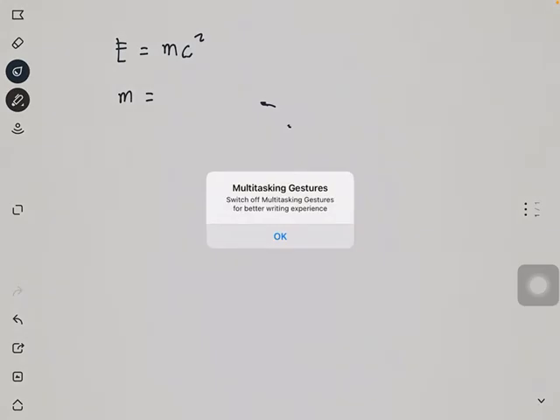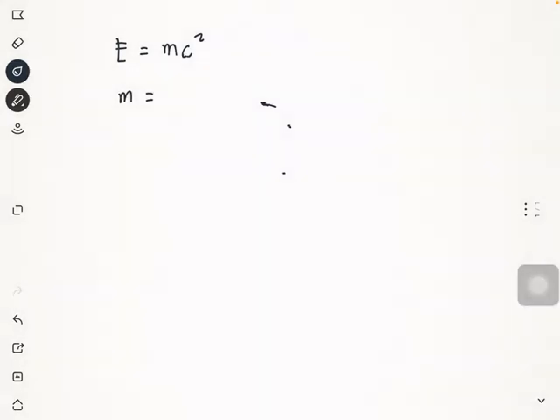In this very well-known equation, energy is mass times c squared, and mass is energy over c squared. So when there is energy release of a system, there is no change in mass. Okay.